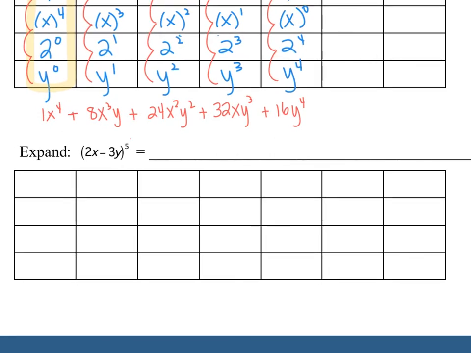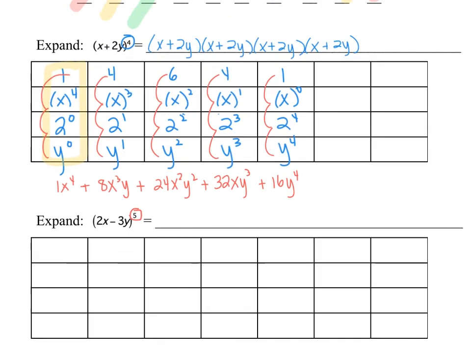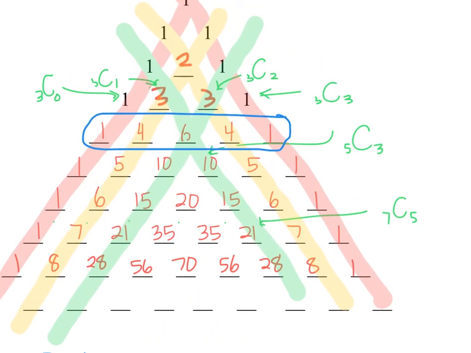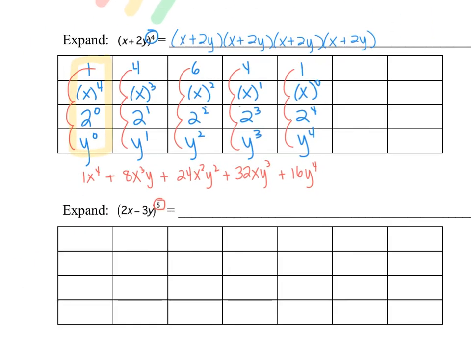Okay, the power on this is 5. So I need to use the 5th row. So let's look up, and the 5th row is going to be 1, 5, 10, 10, 5, 1. So I'll use 1, 5, 10, 10, 5, 1. I made these charts probably longer than what you would need, just so you'd have enough space.